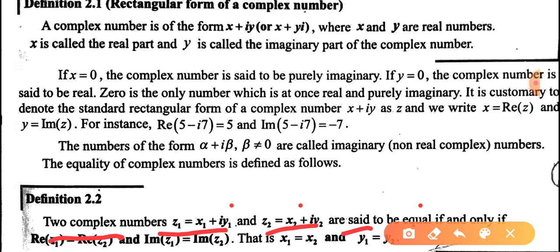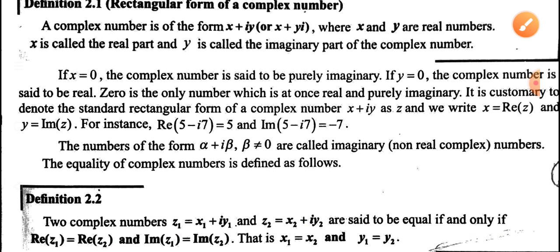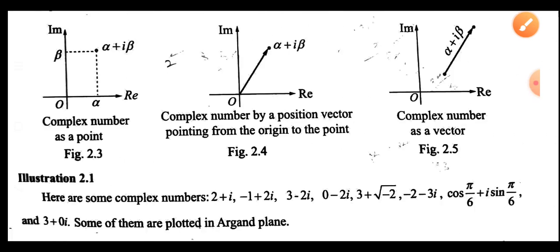If two complex numbers are equal, both real parts are equal and both imaginary parts are equal. Here the real parts x1 equals x2, and the imaginary parts y1 equals y2. Okay. Next, listen.